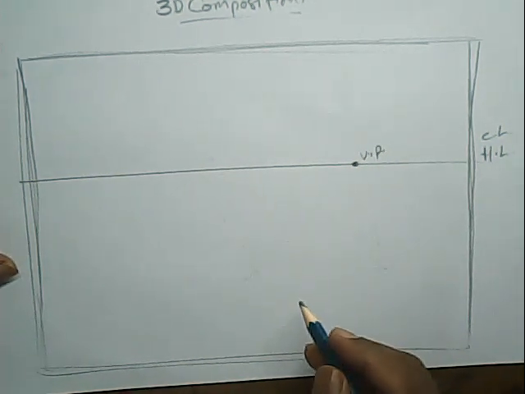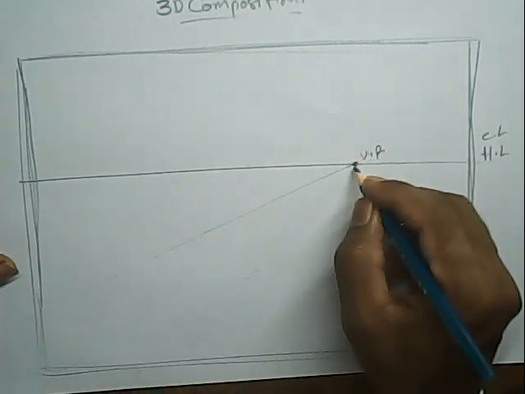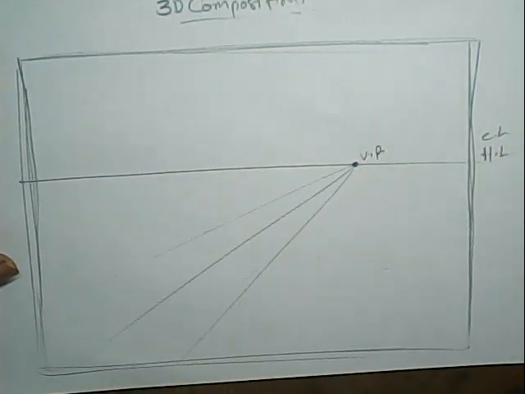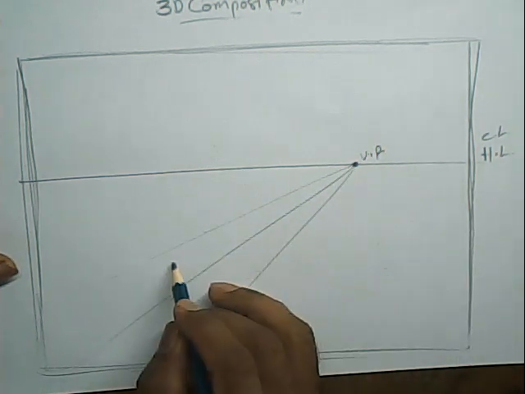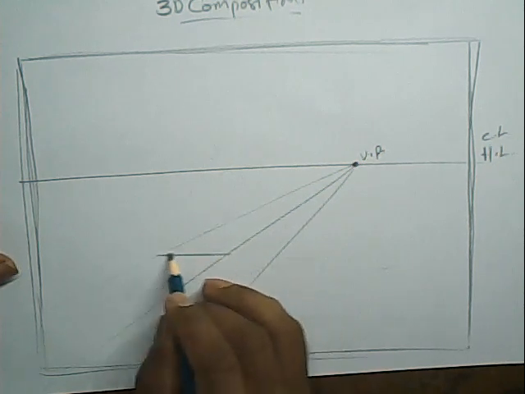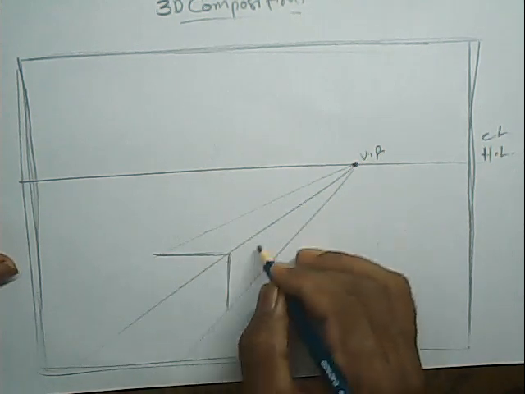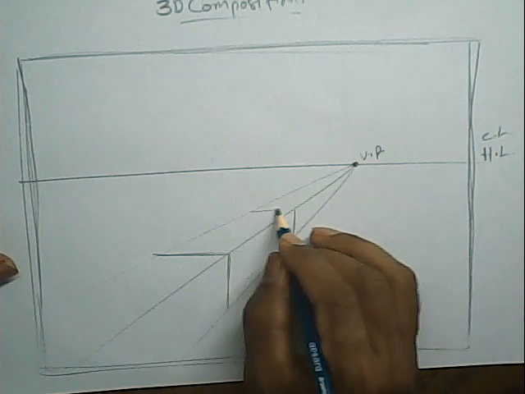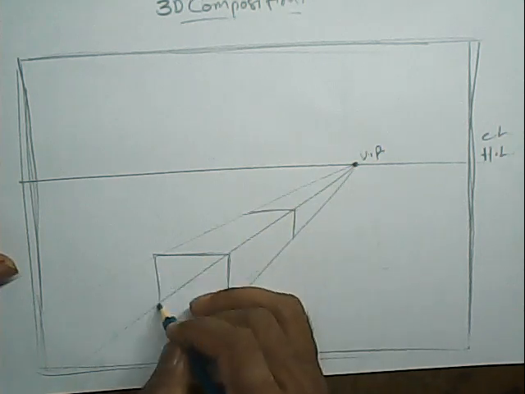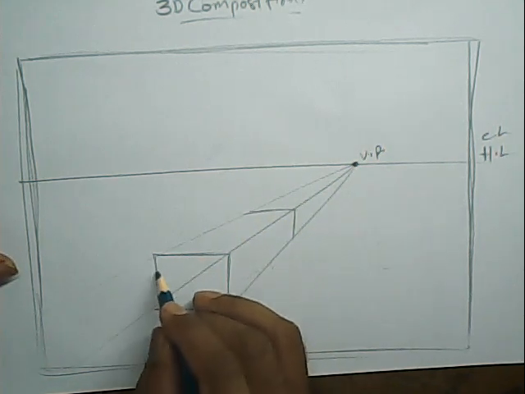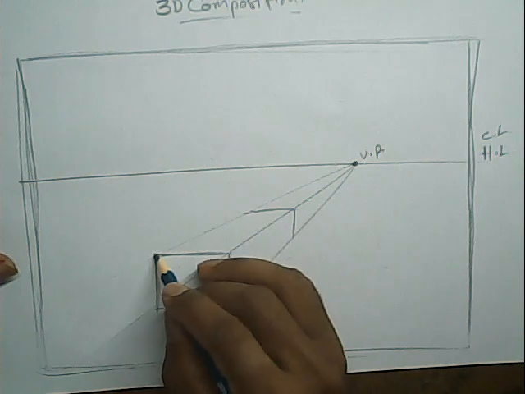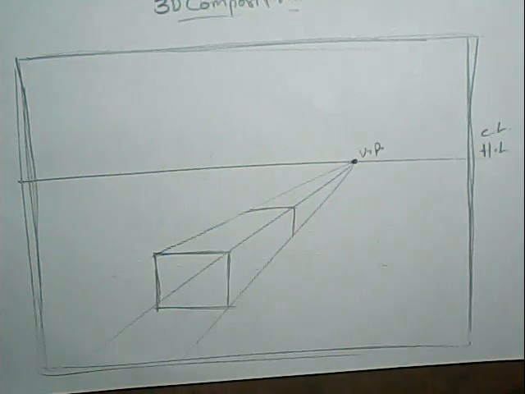Based on this vanishing point, we will work the composition. I'm taking the lines and then the 3D shape, the cuboid.